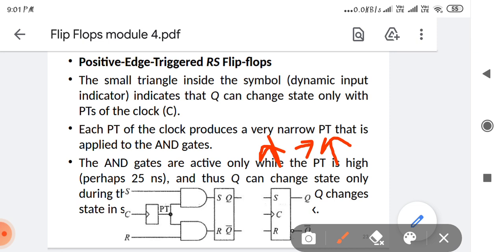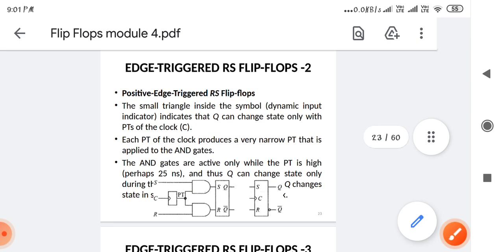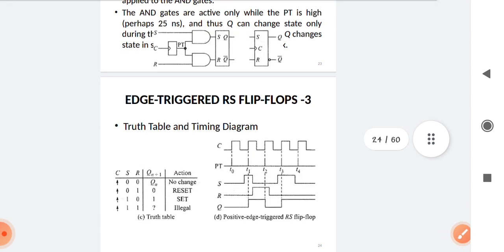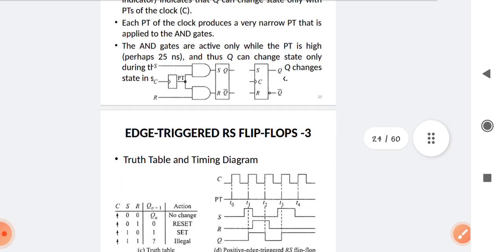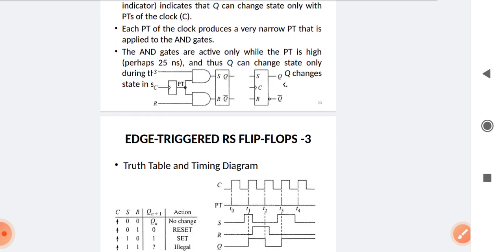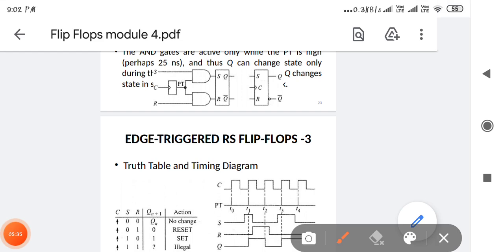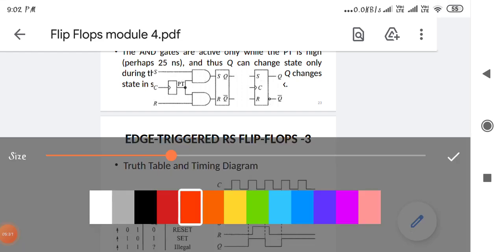Q can change state only during that time. Let us look at the truth table and take this example.